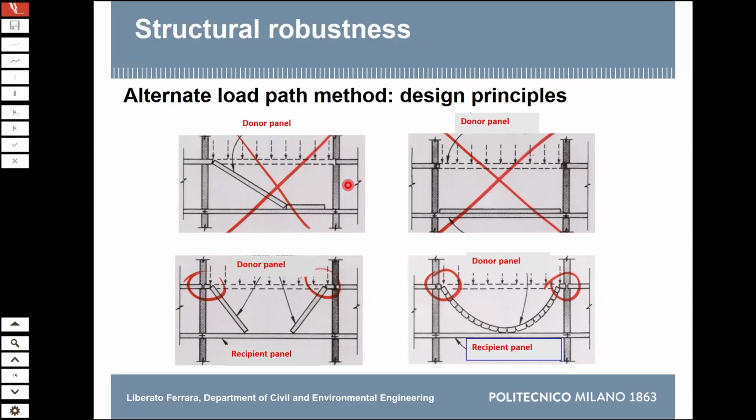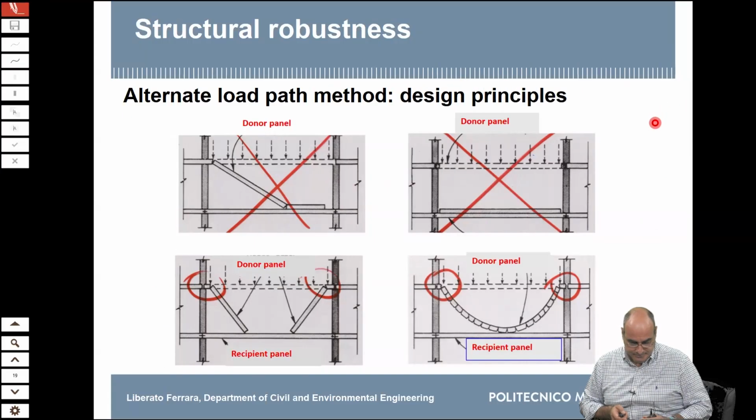Try to have a weak point here in the middle, so that your element breaks into two, but limits the overloading effect on the recipient floor. So this is the donor panel. This is the recipient panel. Yeah, or have it like this. Now let's try just to make, I will make a simple hand calculation example.